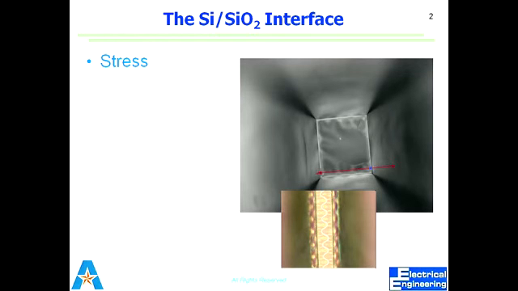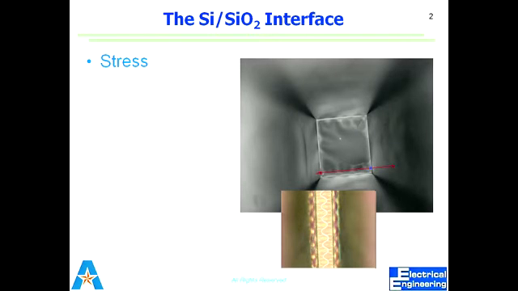So that difference of volume causes a stress at the interface of silicon and silicon dioxide.